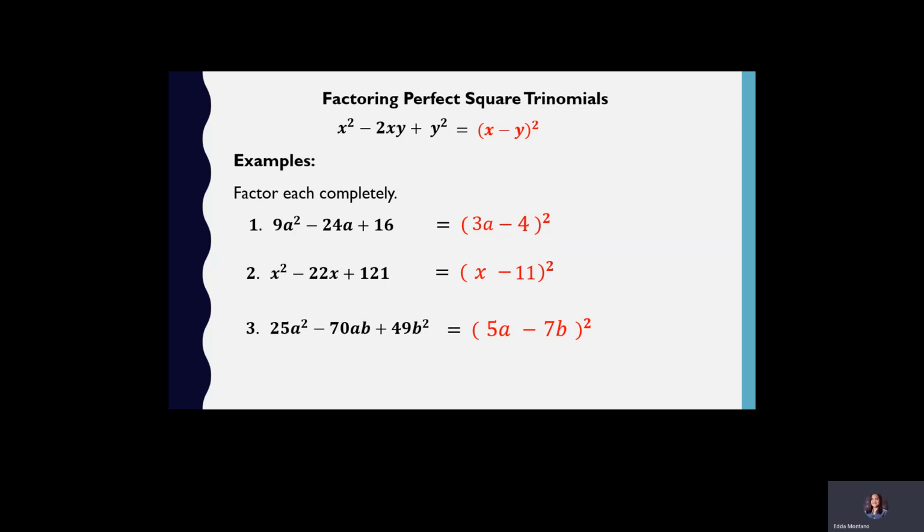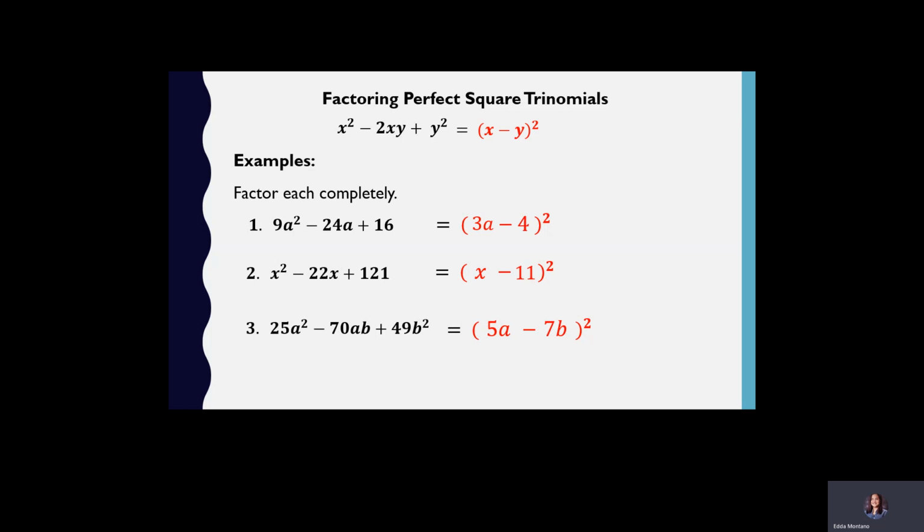I would just like to remind you, there are cases wherein you really have to factor the given polynomial completely, even if the instruction doesn't say so. What if you are asked to get the common monomial factor first before you do the sum and difference of two cubes? What if you are asked to get the common monomial factor first before you get the difference of two squares?